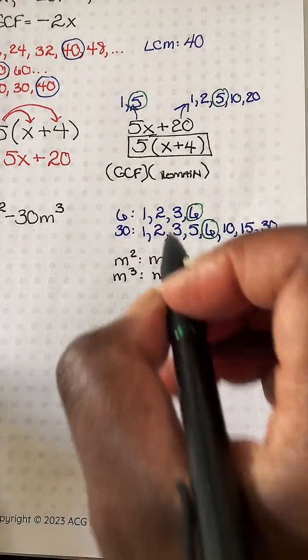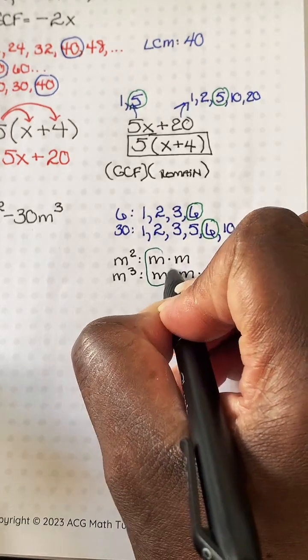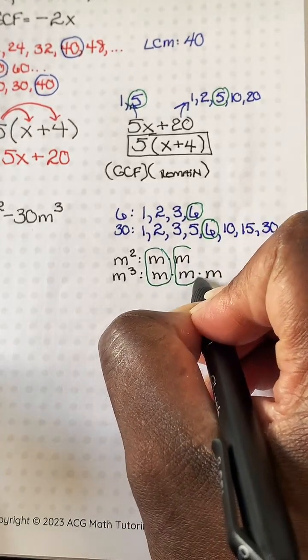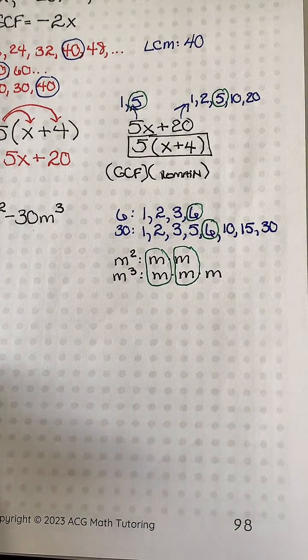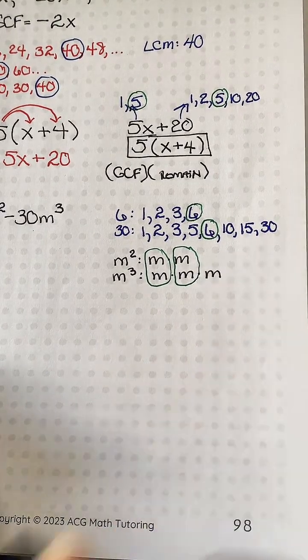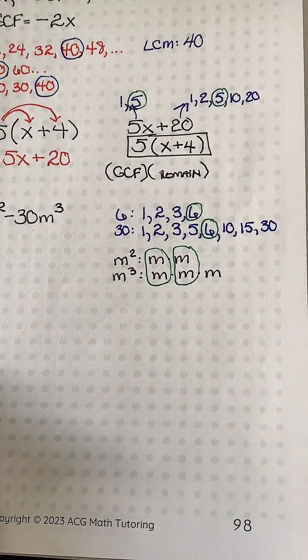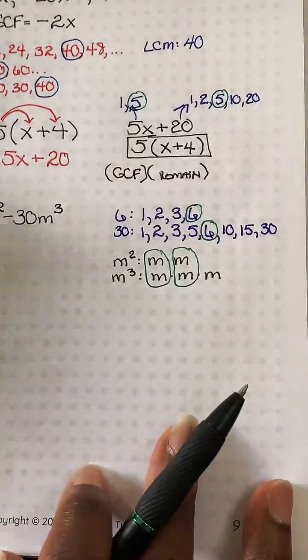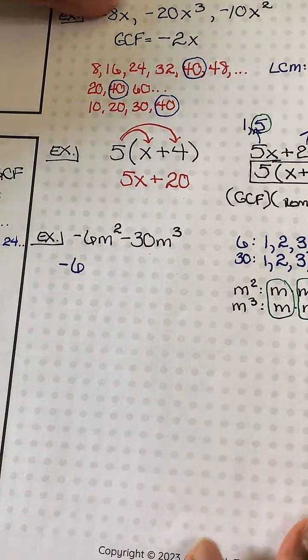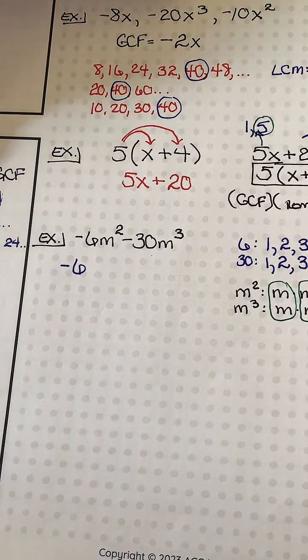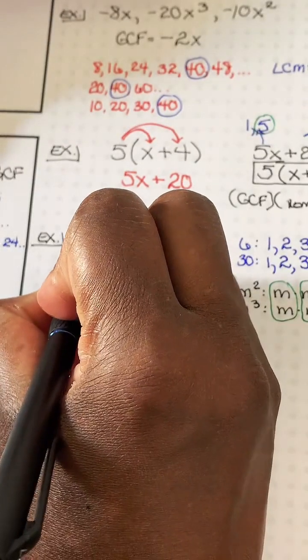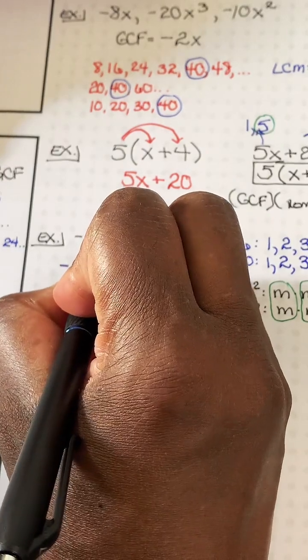And if you notice, I have two sets of m's in common for both of those variables. All right? So that's why my GCF is actually going to be negative 6m squared.